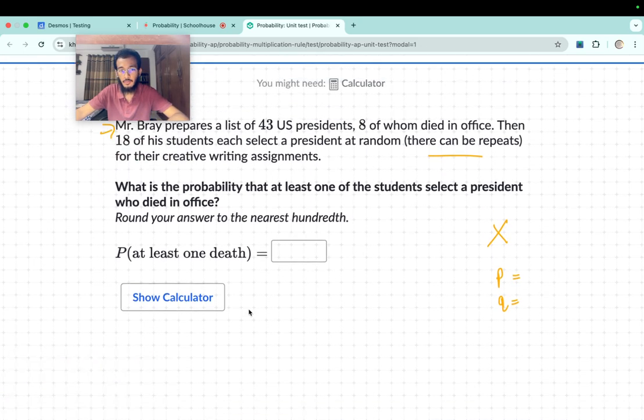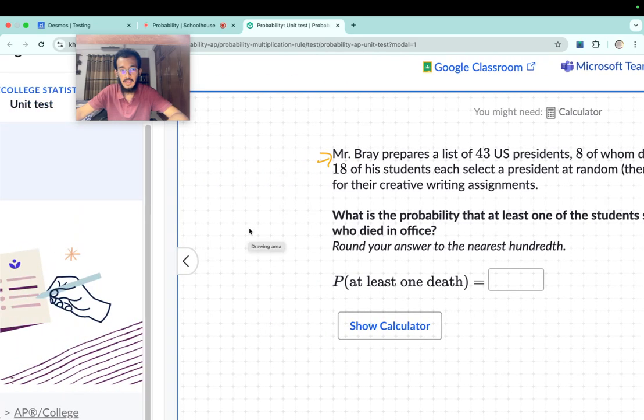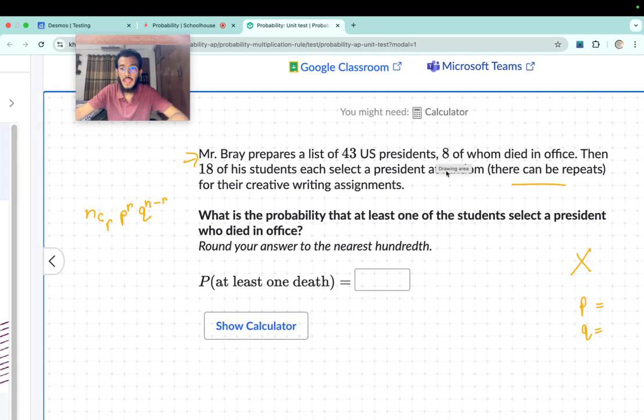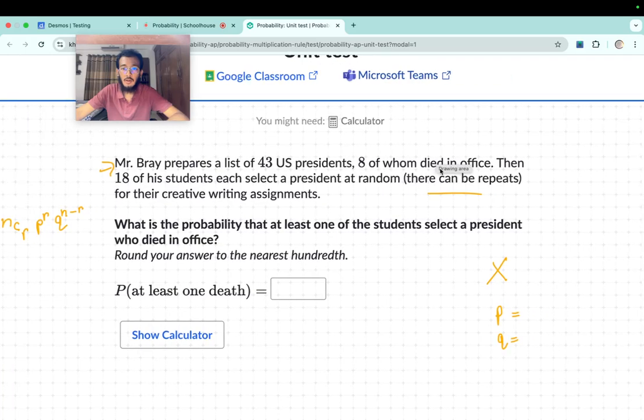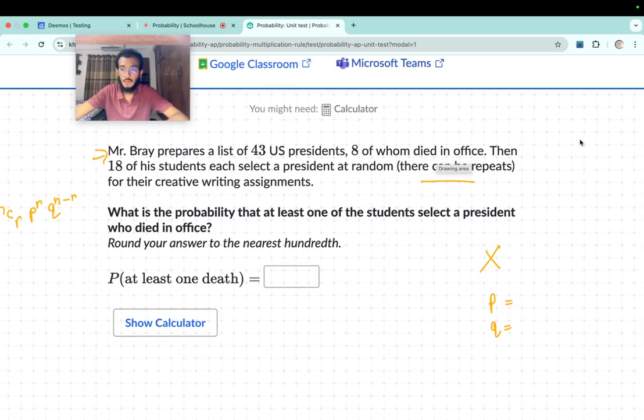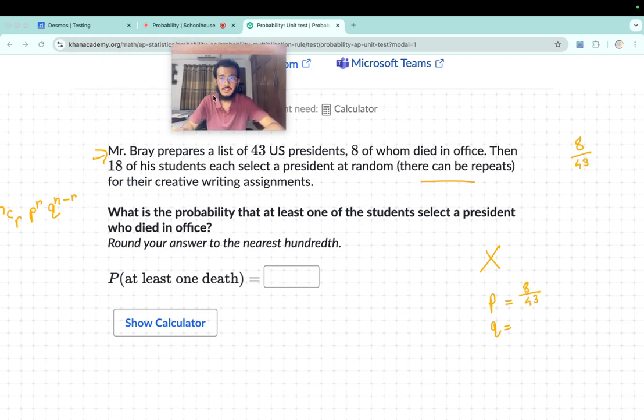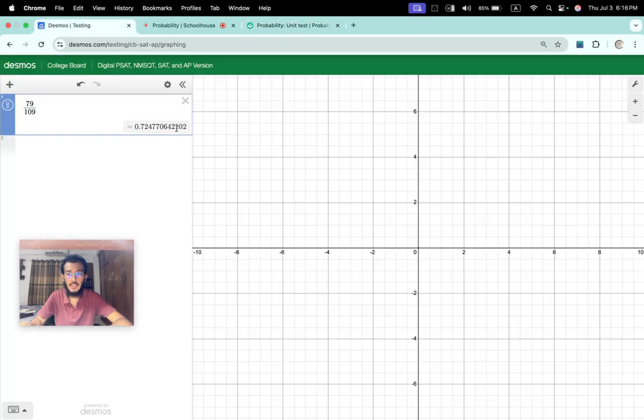And the binomial formula is nCr p to the power r q to the power n minus r. Eight of them died in office. In total, we have 43. So 8 upon 43 is the probability that if we choose anyone randomly, that president died in office.